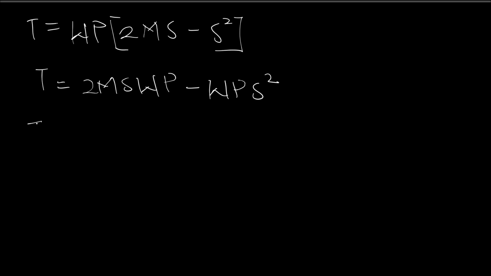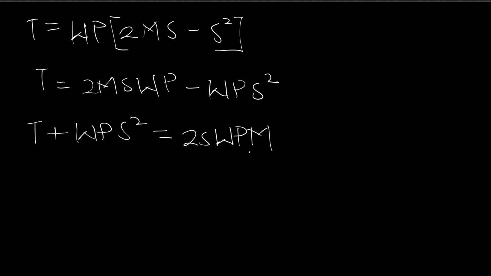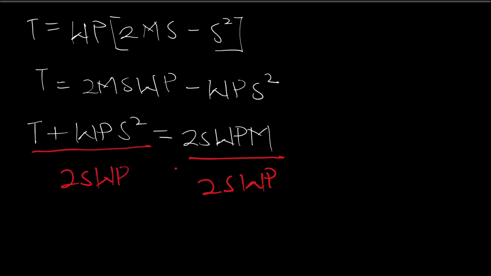So then our T plus WPS squared will be equal to 2SWPM. To make M stand alone, we divide both sides by 2SWP. So we divide here by 2SWP and here by 2SWP.